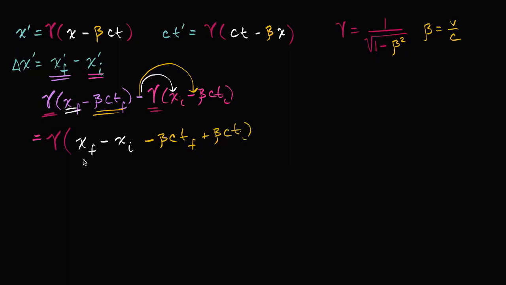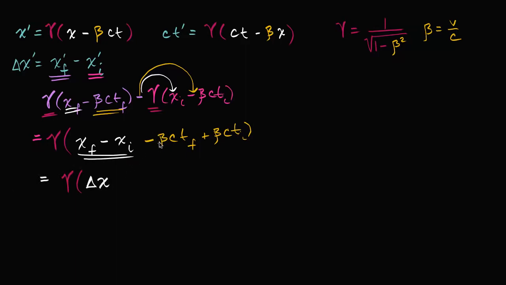And so what can we do here? Well, that's just going to be change in x. So this piece right here is just change in x, so I can rewrite this as being equal to gamma times change in x.